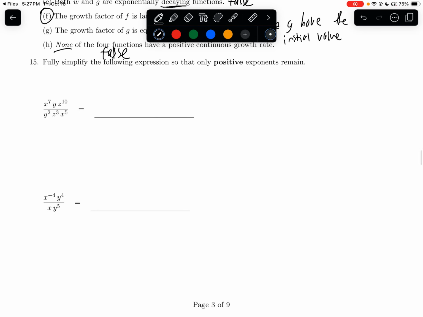Okay, now we need to simplify these expressions so that you only end up with positive exponents. So this may require using fractions. Maybe we'll see why in a sec. So I can start this with, I have a 7th power of x there and a 5th power in the denominator.